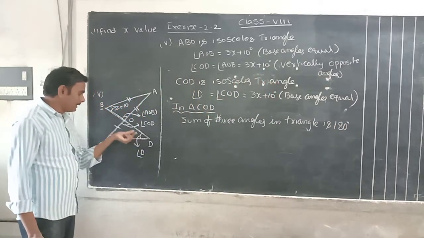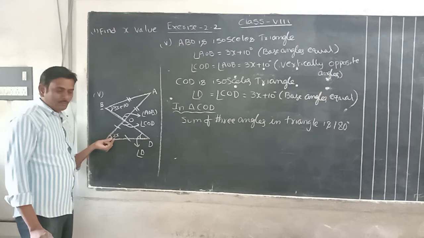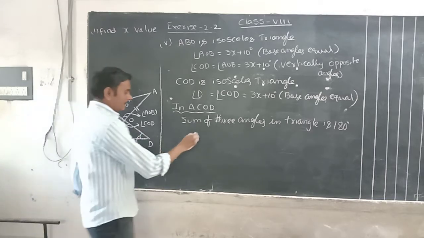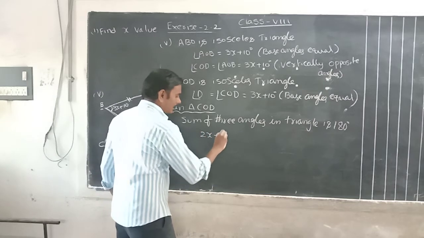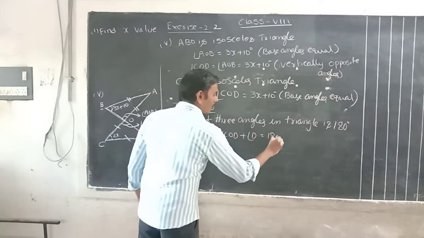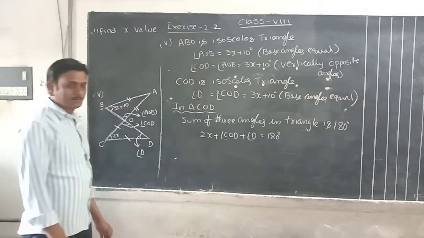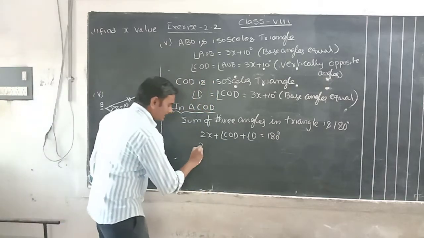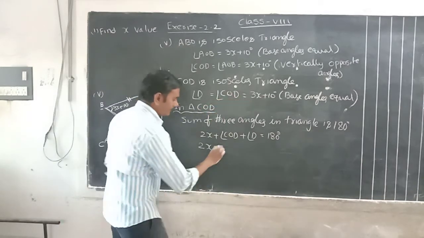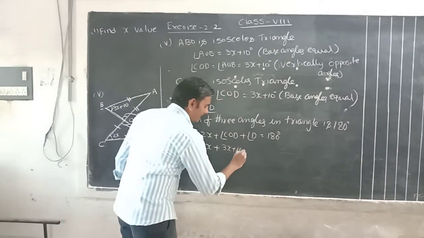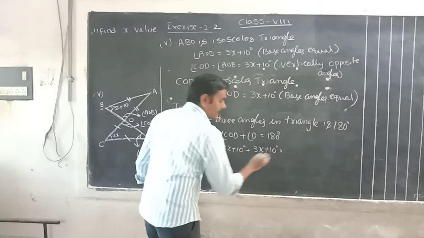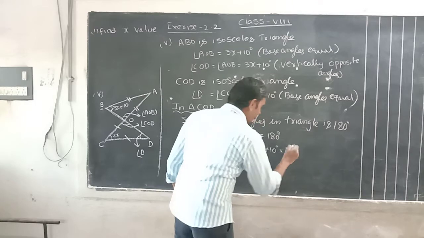By knowing angle D and angle COD, we can apply the angle sum property. What is the angle sum property? 2x plus angle COD plus angle D equals 180 degrees. 2x plus angle COD, how much? 3x plus 10. Angle D, how much? 3x plus 10 only. So 2x plus 3x plus 10 plus 3x plus 10 equals 180.